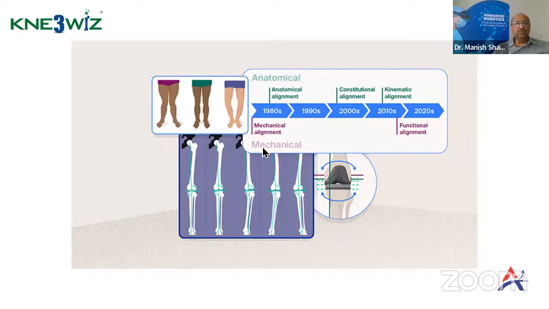It all started with mechanical alignment, as we had seen earlier in the first session. Then came the anatomic alignment, constitutional alignment. In the 2010s came the kinematic alignment, and now the functional alignment. Let's go through all of them and see how they have evolved and where we stand today.